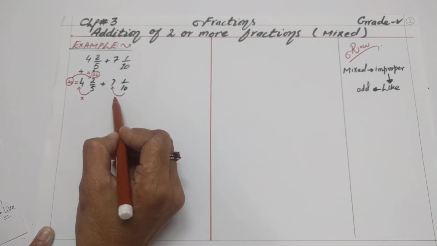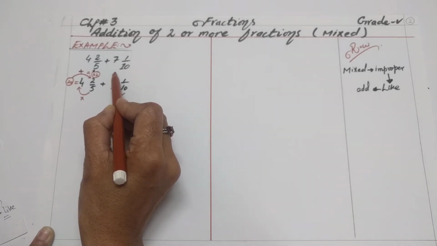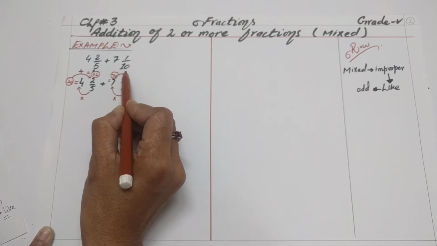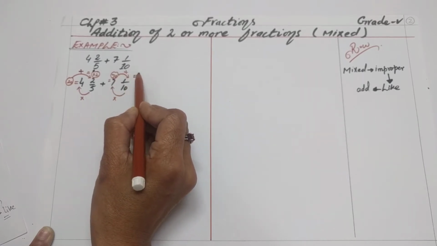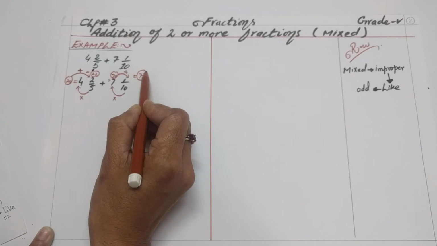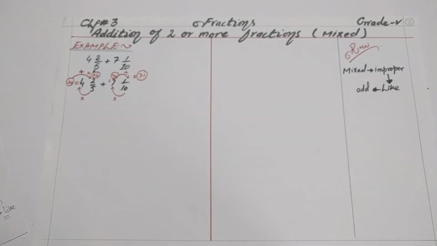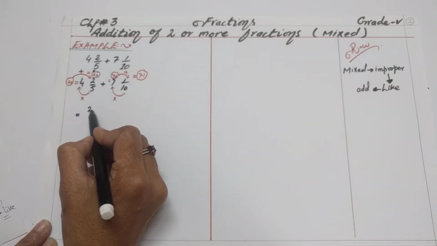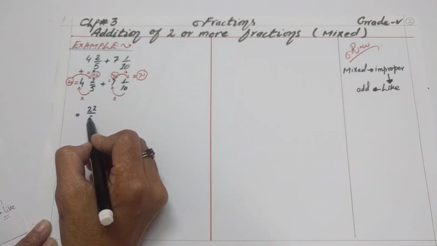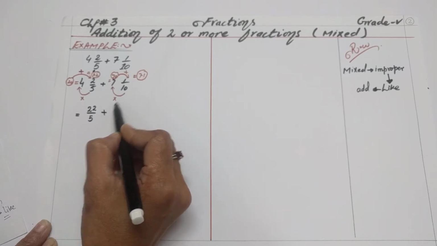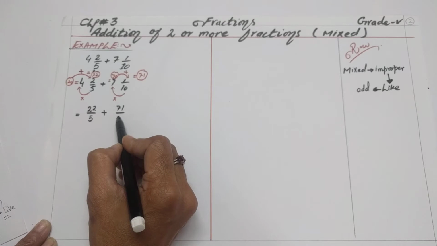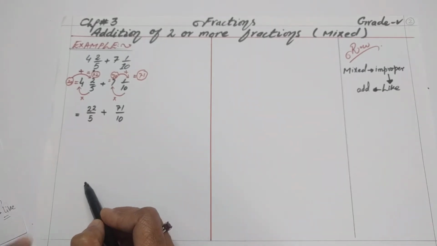Same with this one. 10 sevens are 70, and 70 plus 1 is equal to 71. So the new numerator here is 22 with denominator 5, and here the new numerator is 71 with denominator 10.